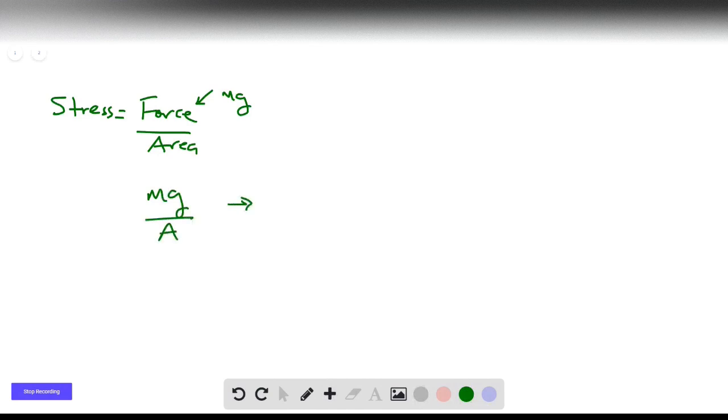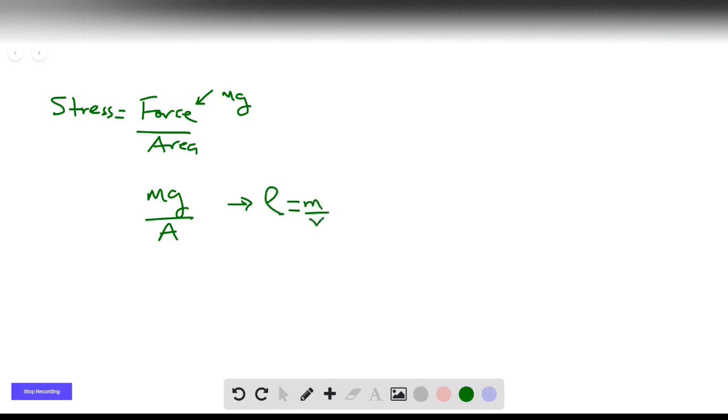We do know that the stress of the whole system in the columns is equivalent to the force over the area. That's the definition of the stress. So in general, the force is being provided by the weight of the columns, which is mg over A. But as a side note, density, which is rho, is defined as the mass over the volume.